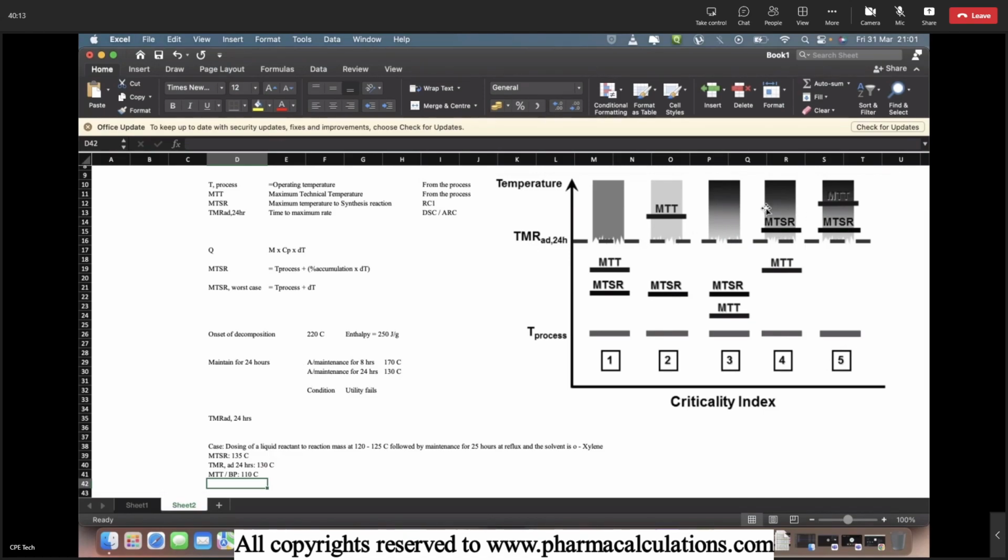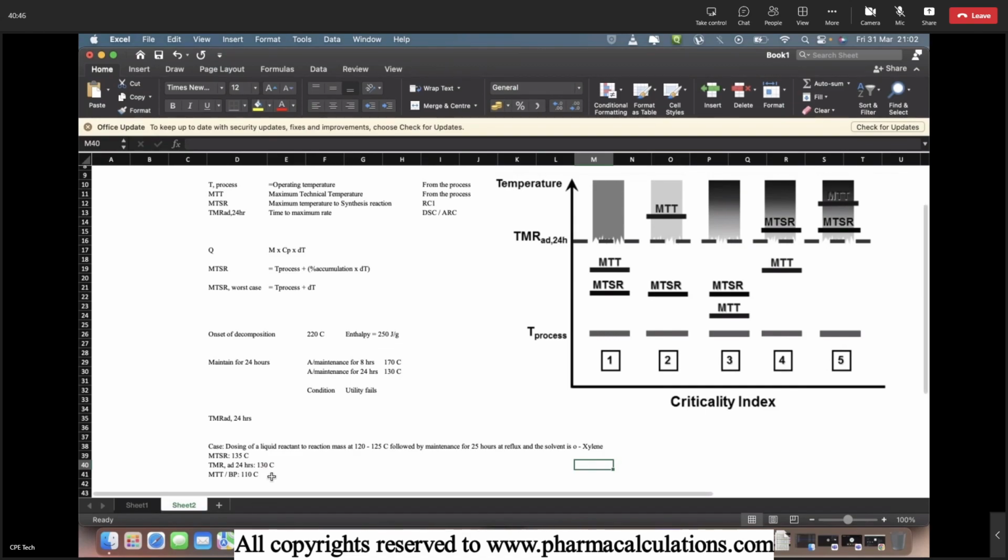The main point that we need to identify is that after replacing orthoxylene with toluene solvent, we cannot reach the level of 120 to 125 degrees centigrade. So we need to reduce the operating temperature also. The maximum temperature that I'll be able to reach is only the boiling point of the solvent.